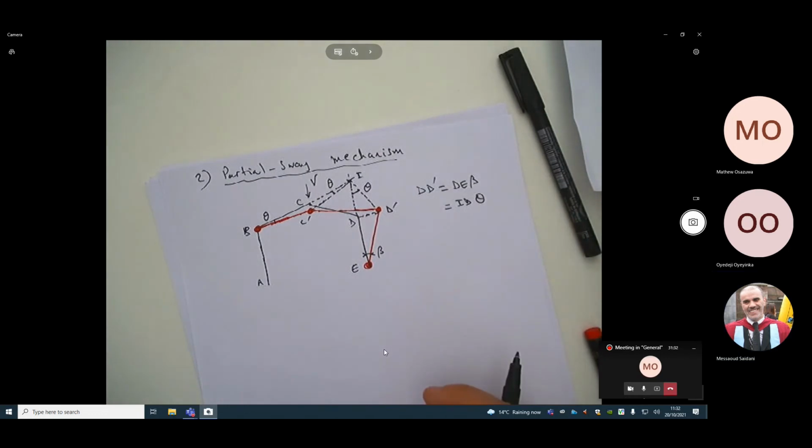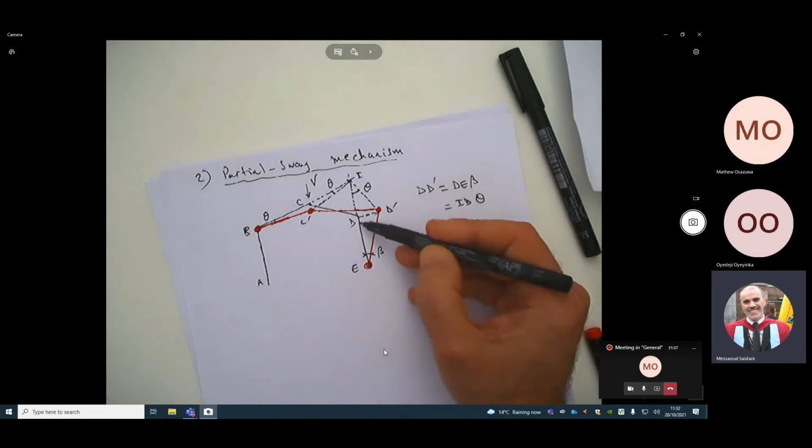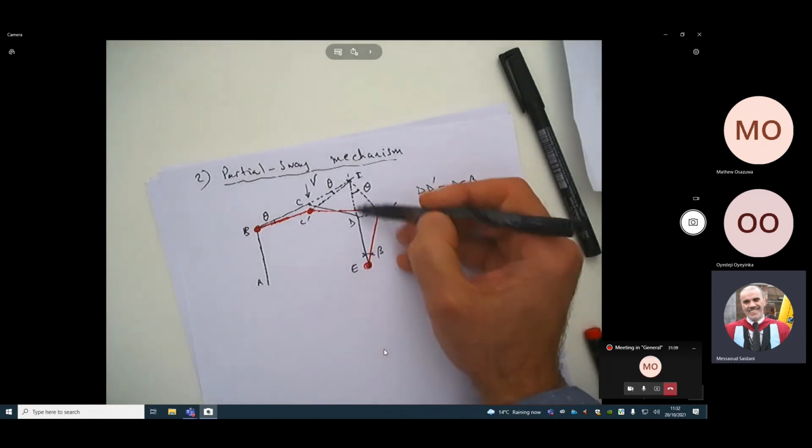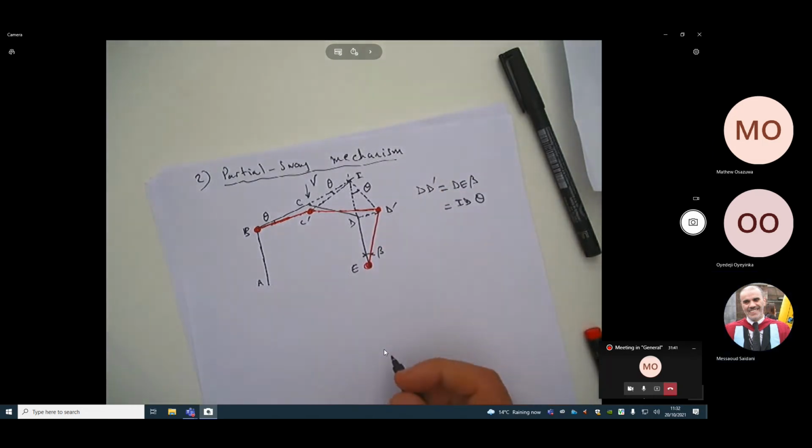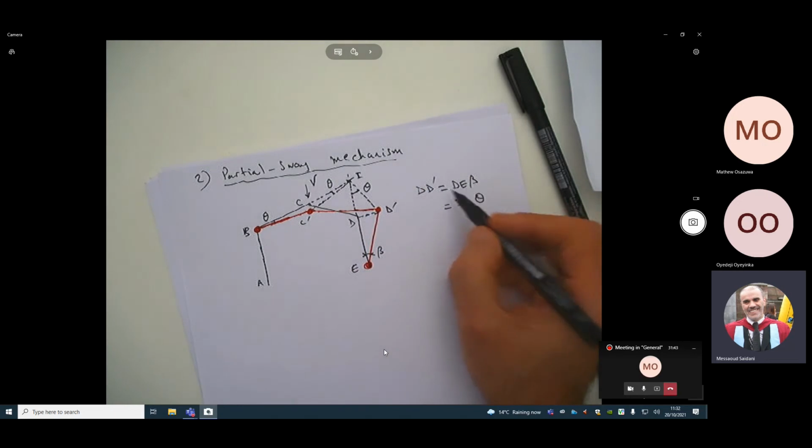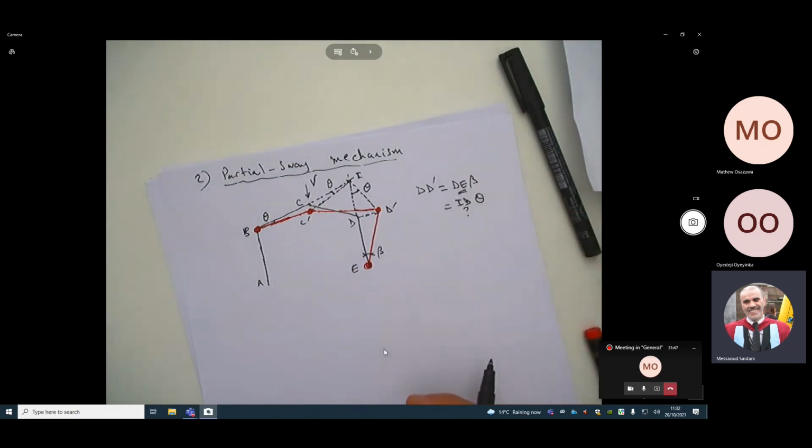Do you agree? So we have DD dash is DE beta or ID theta. However, we know DE, but we don't know ID. So I'm going to try and work out what is ID. How do we work out ID?